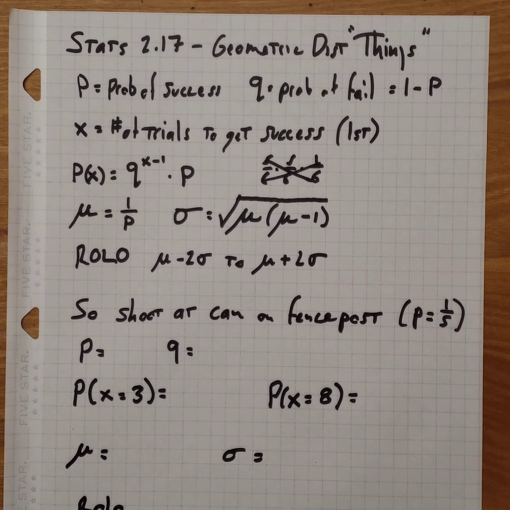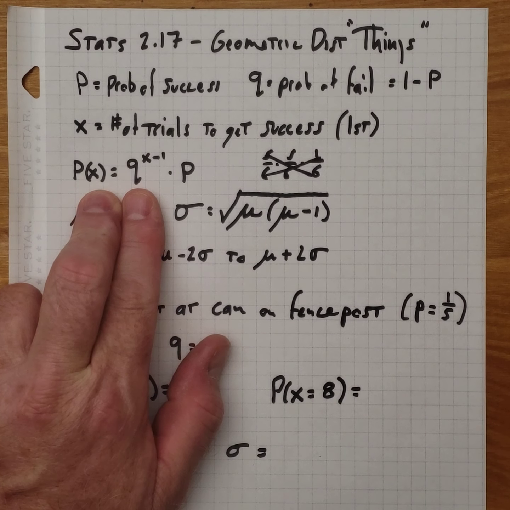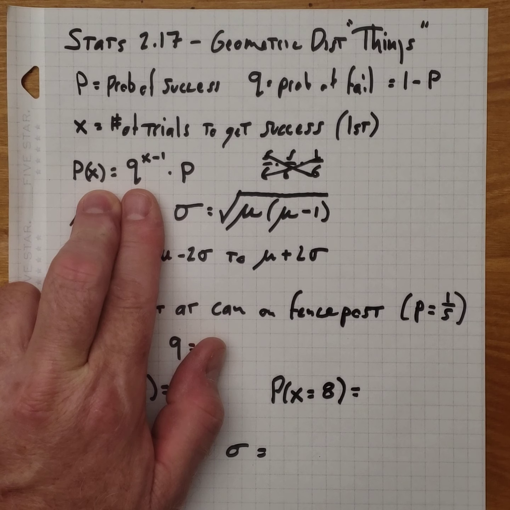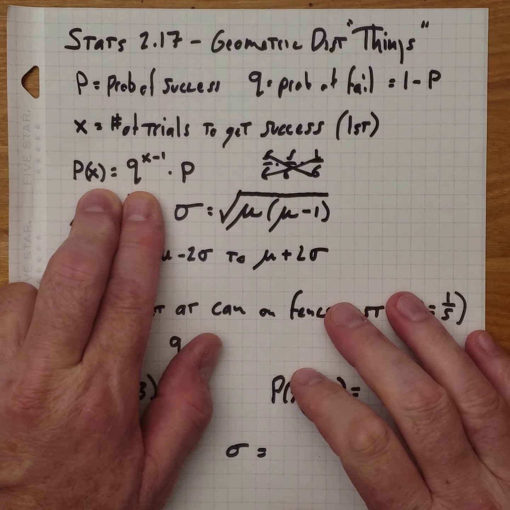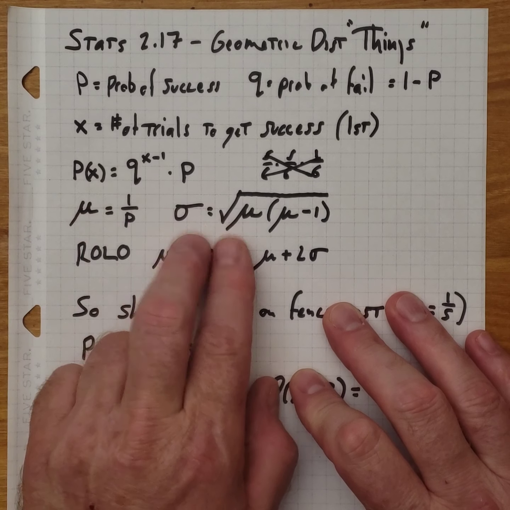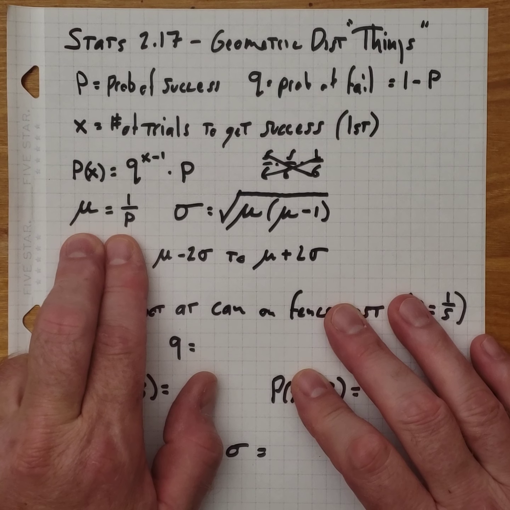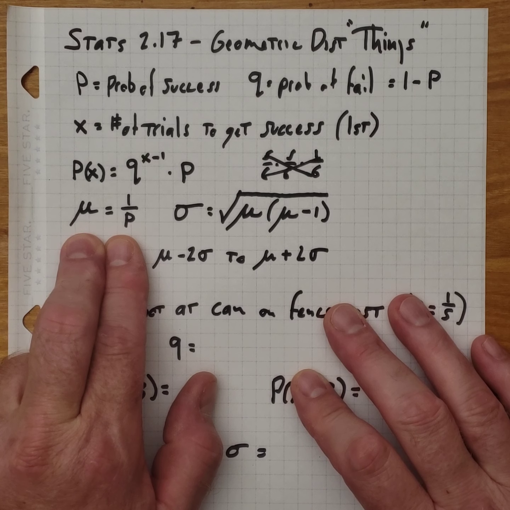So I said those things that we were going to have to calculate were the probability of getting our first success on a particular trial. Also we talked about finding the mean and the standard deviation. And these are real easy here. The mean is just 1 over p. So in the case of the coin, where the probability of success is 0.5, 1 over that would be 2.